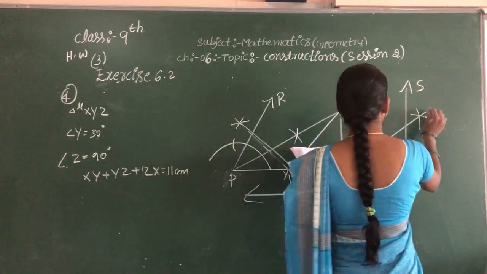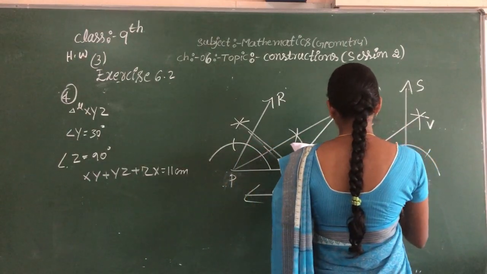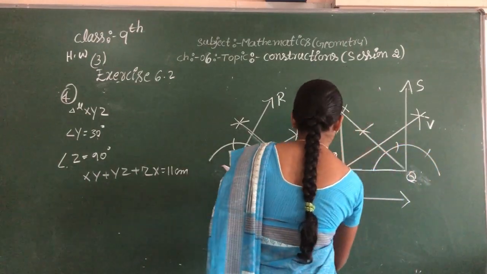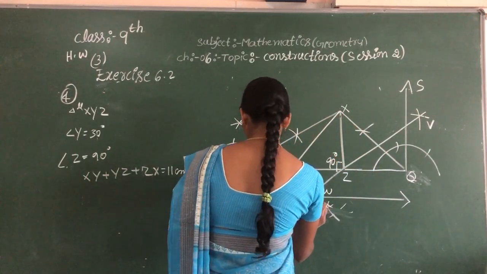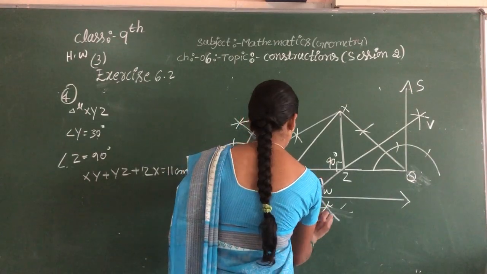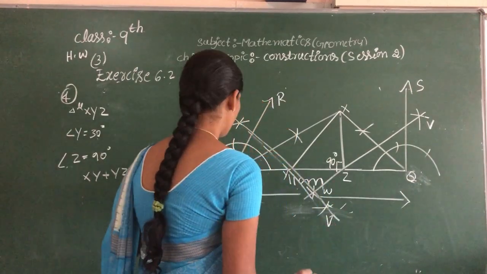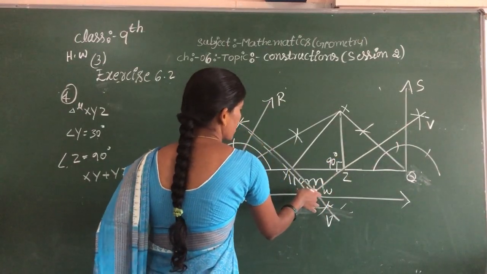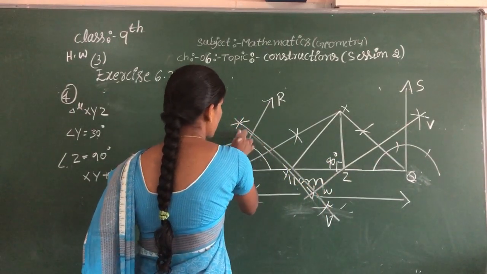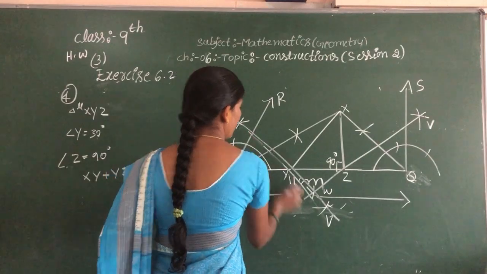This is V. This is W. This is first. This line segment is W. This line segment is V.